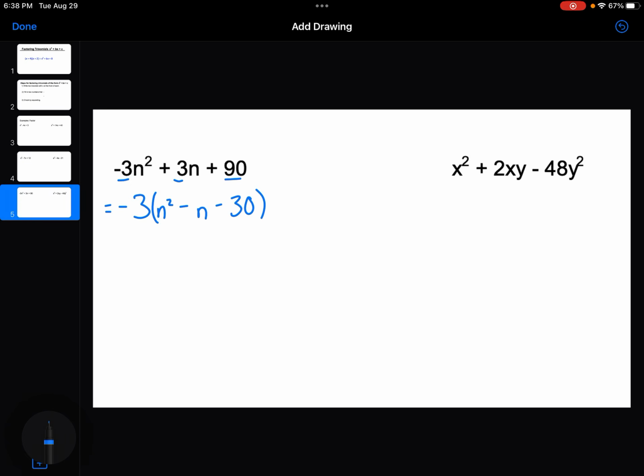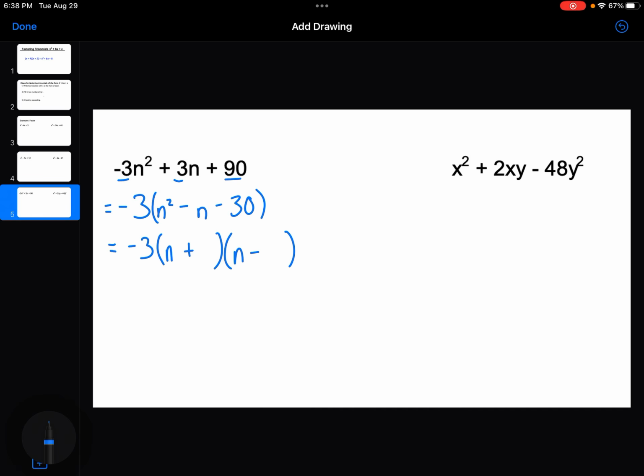So now I'm good. Now I need to just keep writing that 3 down, and I'm going to start my 2 brackets. I'm going to put an n at the front this time. And there's also another little hint here. I know I'm going to have a positive and a negative. I know my bigger number is going to be negative because this value is negative.